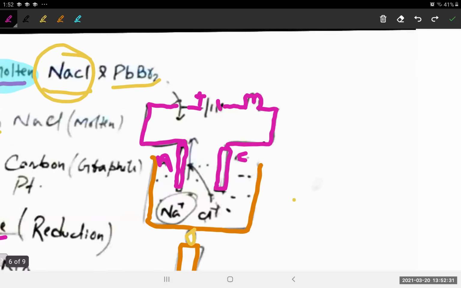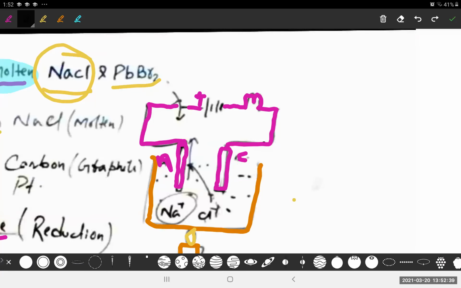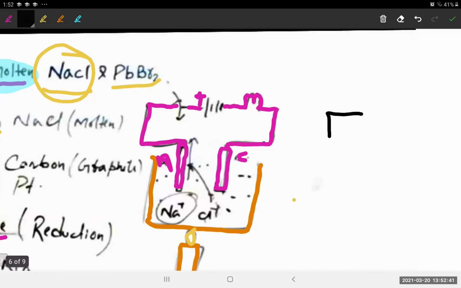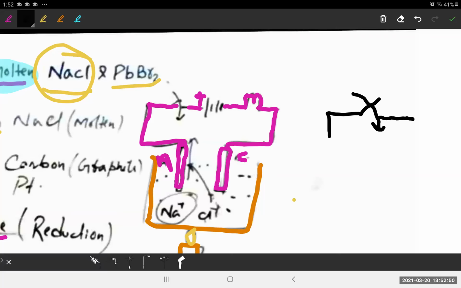One more feature which, if you show it, will make a nice impression on the teacher: this is a switch. How to draw this? Just make the series like this, and then make a switch like this. And then when you close the switch, just make an arrow like the one I've drawn here, right? That is to show that the switch is closed when the reaction is happening.